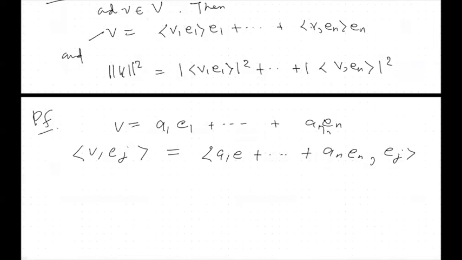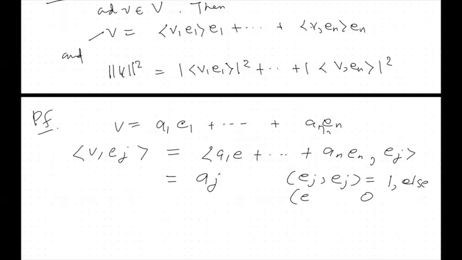You get a_j, since the inner product of e_j with e_k is 1 if j equals k, else 0.